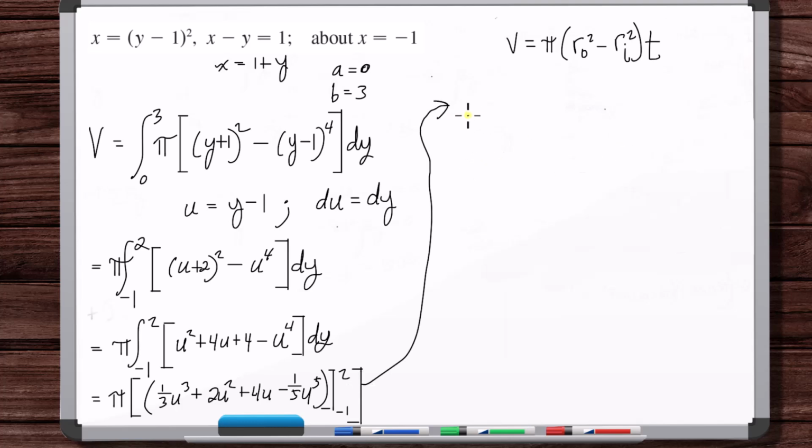Okay, so we've got 2 cubed is 8, so 8/3. 2 squared times 2, so 2 cubed is 8, plus 4 times 2 is 8, minus 2 to the 5th is 32.